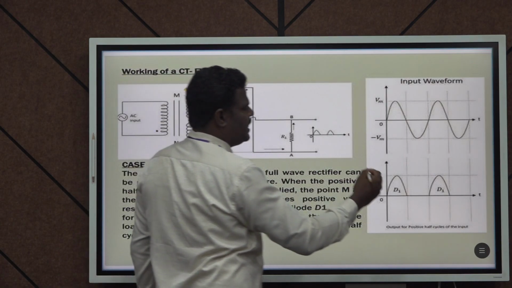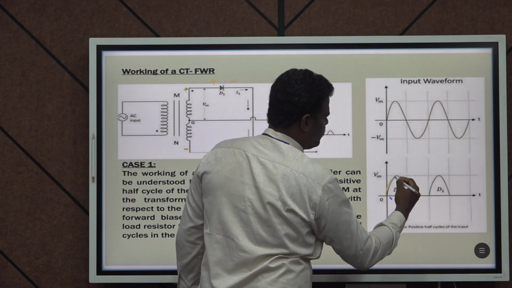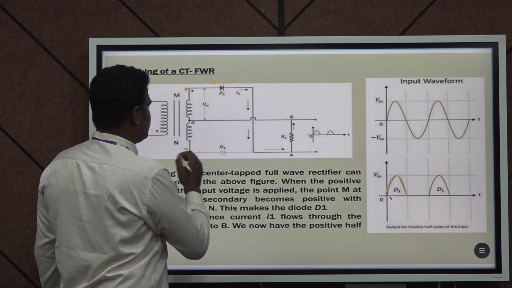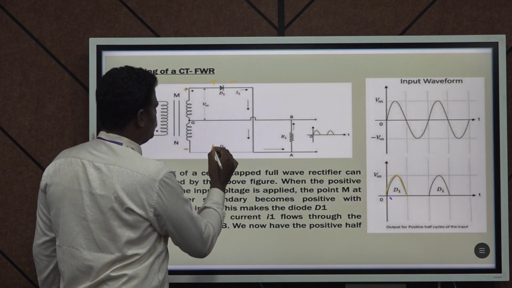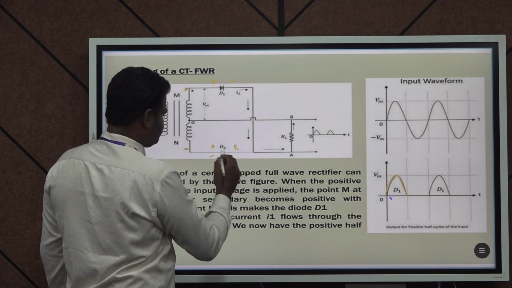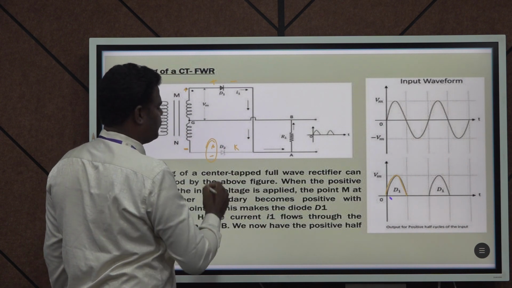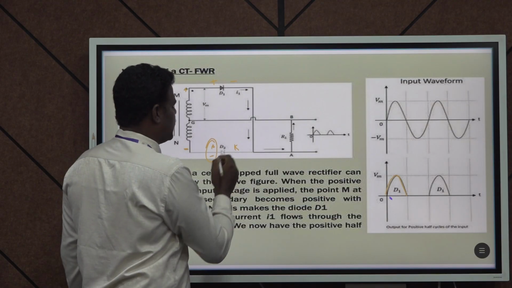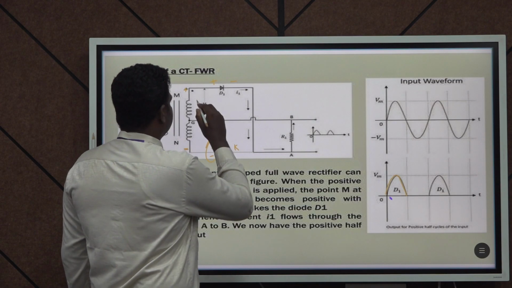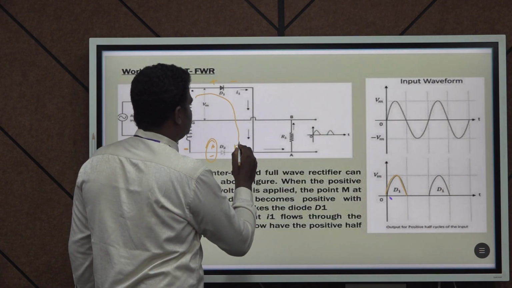It just follows the input supply. Similarly, looking at D2, for the anode we are giving a minus. Therefore D2 is in blocking state, so D2 doesn't conduct. So the output voltage follows this path.